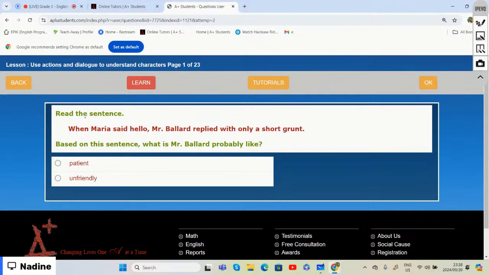So if we look at this statement, what is Mr. Ballard probably like? How would we describe Mr. Ballard? Is he patient or is he unfriendly? Because Maria said hello. Maria greeted him and he replied with only a grunt. So does that make him a patient man or does it make him unfriendly?